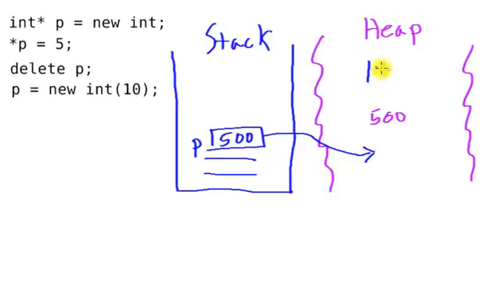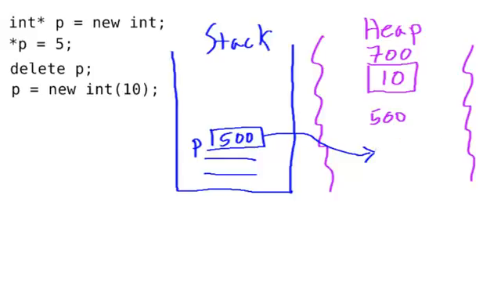So here we go. Let me use the right color. So we'll create that int value out on the heap. And we said that the int value will initially have the value of 10. And we said that this was at address 700. So what we'll do now, after this operation has occurred, the new operator returns this address 700. So we'll have the value of 700 stored here.